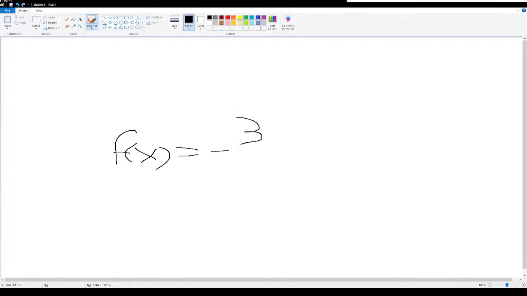Minus 3 over x, and so this would usually mean a on x plus q, but since the q isn't there, the actual value of the q is equal to 0.